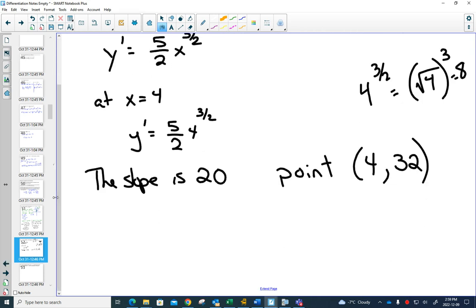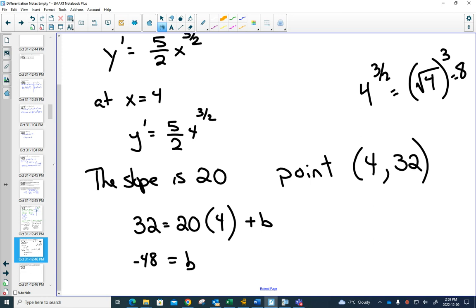And now you can choose either y equals mx plus b or the point slope form. If you use y equals mx plus b, you plug in 32 for y, 20 for the slope, 4 for x. Subtract the 80 on both sides.